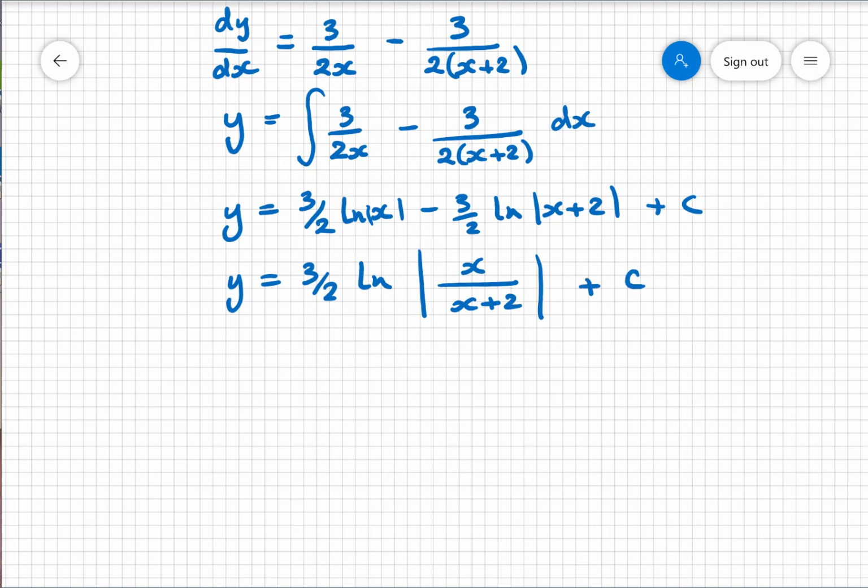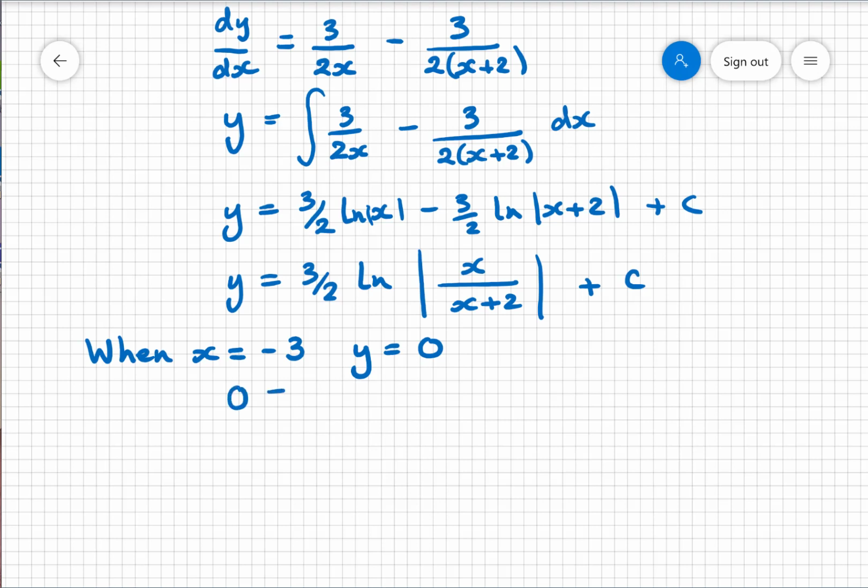And we've arrived at the general solution of that differential equation. But now let's imagine that we had a value of x and a value of y. So when x is equal to minus 3, y is equal to 0, we can now go on to find c, and we'll end up with a particular solution to this differential equation.